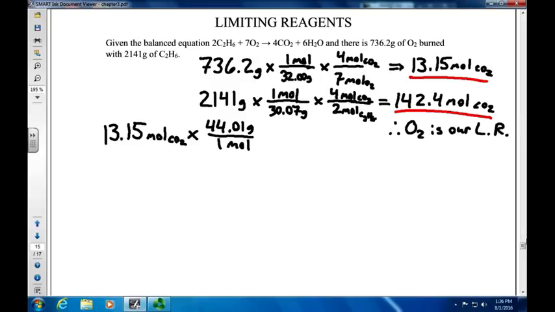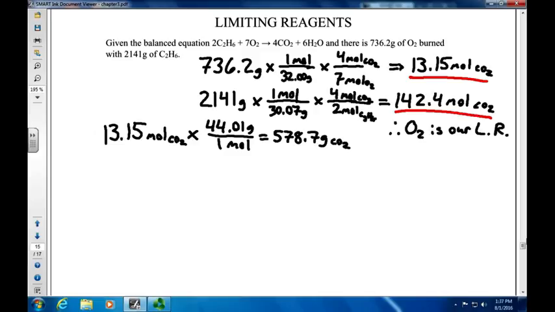And I just write it like that, 44.01 grams over 1 mole, which gets us 578.7 grams of CO2. So that's how much CO2, the mass of the CO2 that would have been produced by this reaction, given the masses of the reactants that we have.